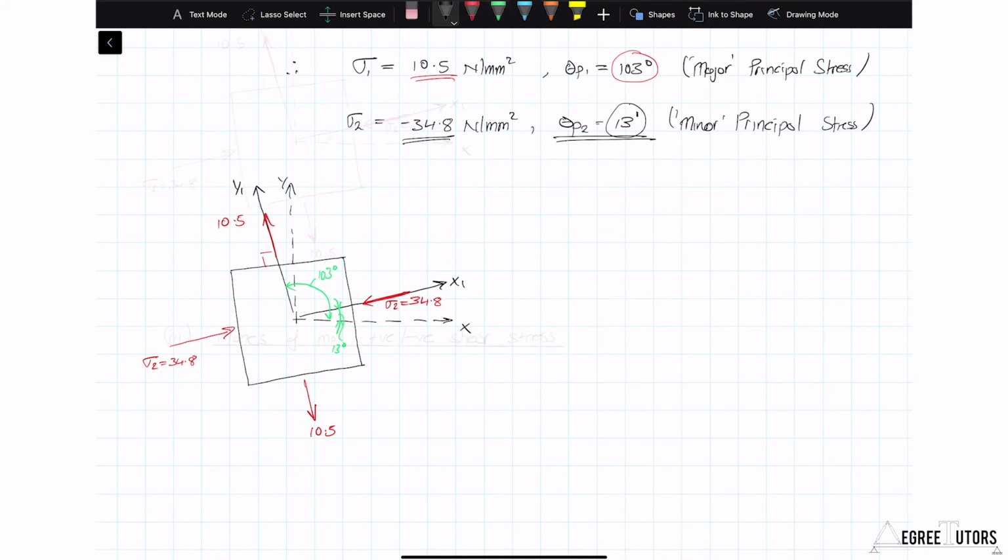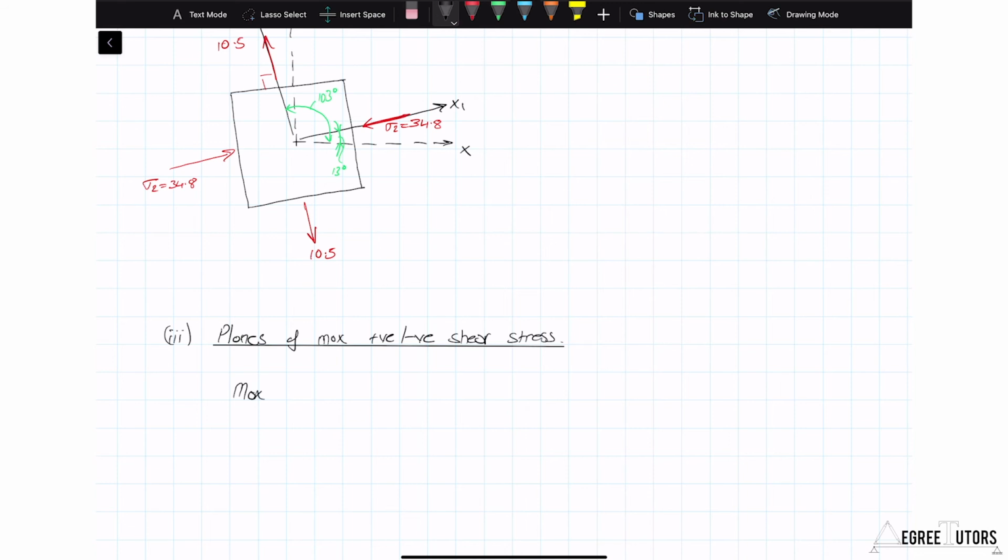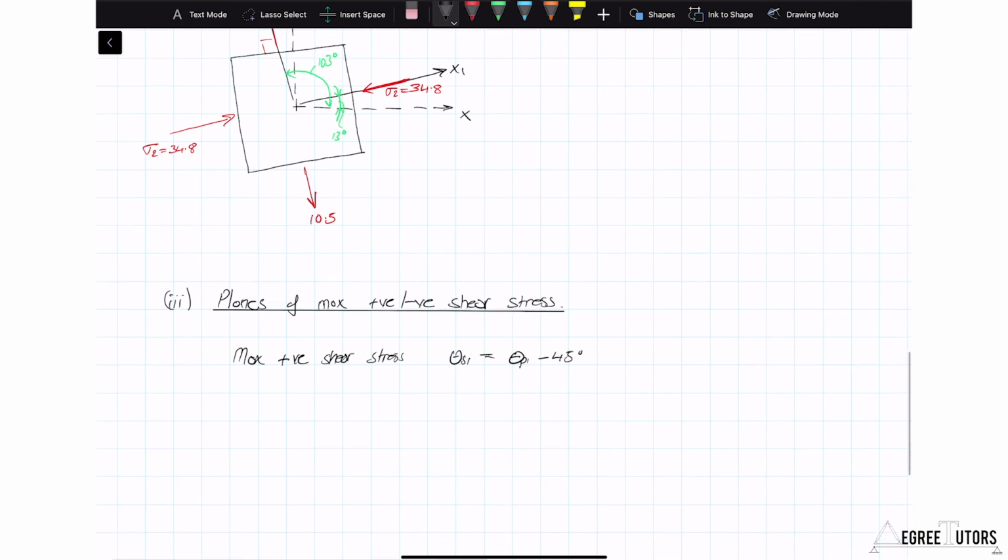All right, so we know the maximum positive shear stress occurs on a plane. We've seen this previously. Theta s1 is equal to whatever theta p1 was minus 45 degrees. So plugging the numbers in, theta s1 is equal to 103 minus 45. Theta s1 is equal to 58 degrees. Easy enough.